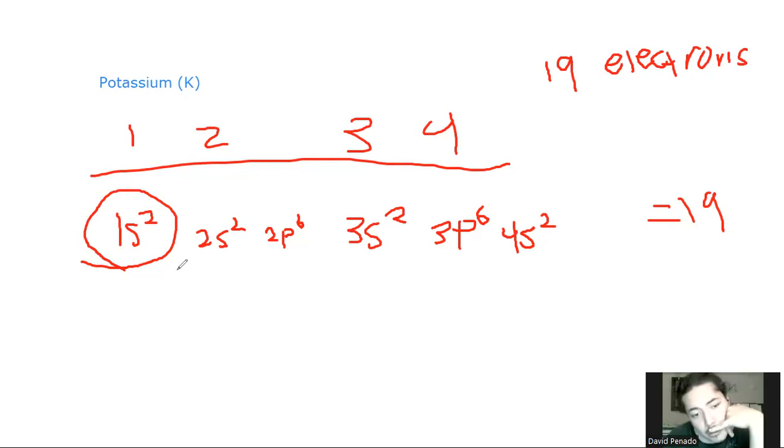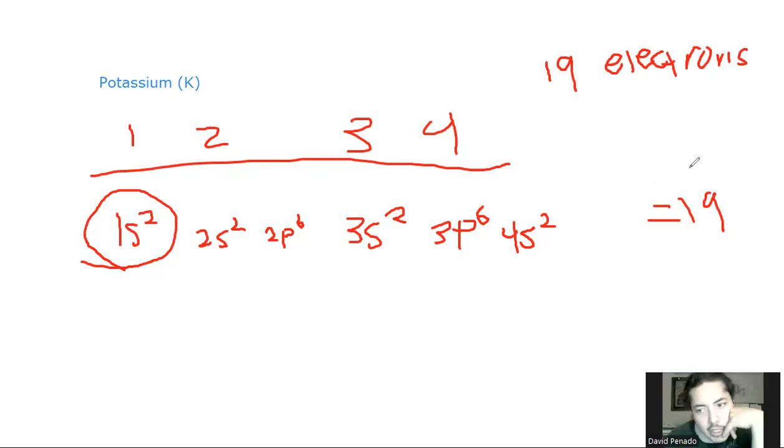How many electrons go in the first shell? 2. Exactly.